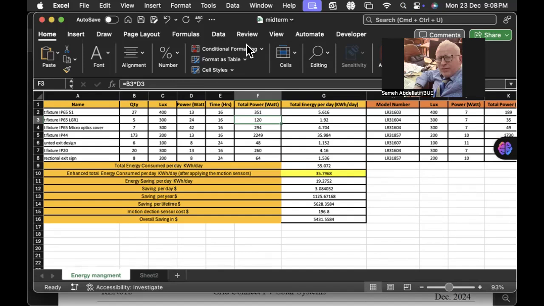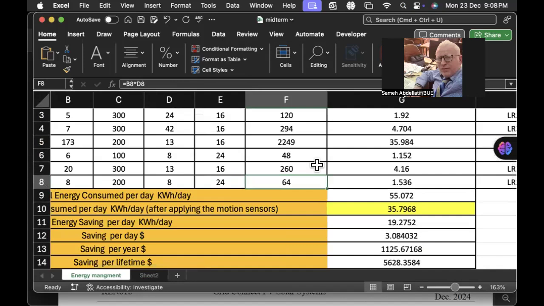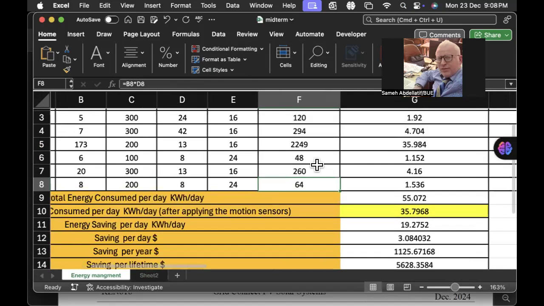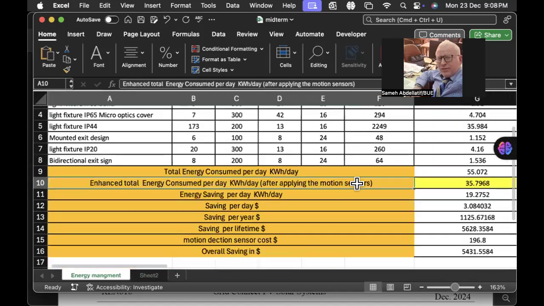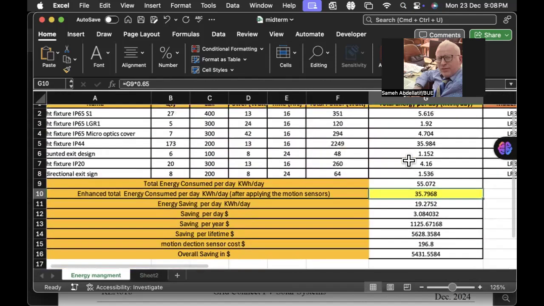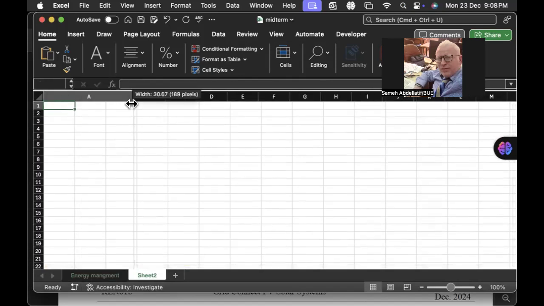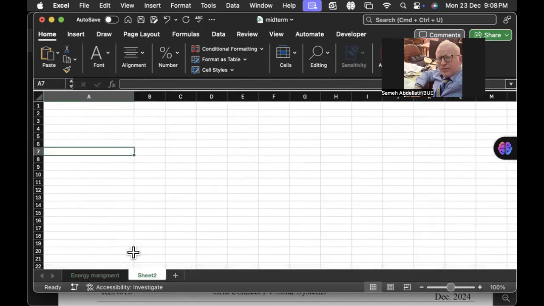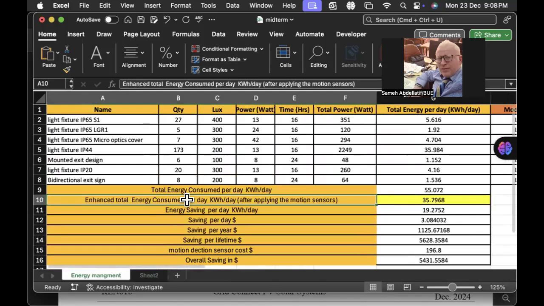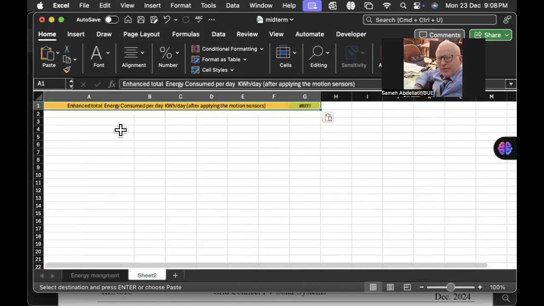Okay, let's do it. First, we have a total energy of about 35.79 kilowatt hour per day. This is after applying the motion detection sensor, as you can find it here. So this will be our main input for the system. What I'm going to do now is simply Control C, and then paste this.